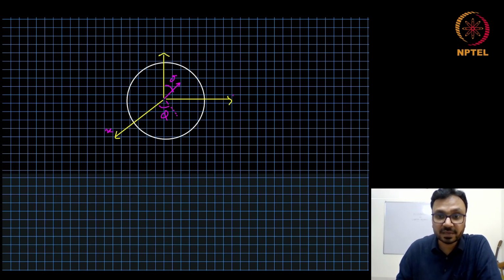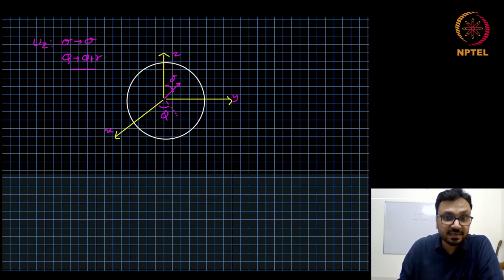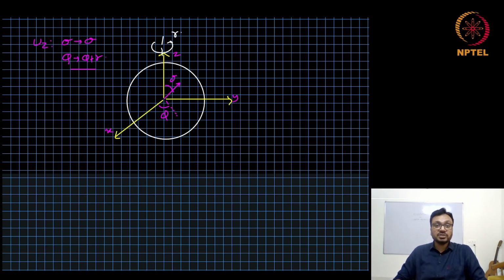This is x, y, and z. So Uz rotation transformation, what it did is theta remained the same, but phi became phi plus gamma. It's not very difficult to see that it means we have rotation about z by an angle gamma. So Uz is actually a three-dimensional rotation about the axis z by an angle gamma, so that phi becomes phi plus gamma.